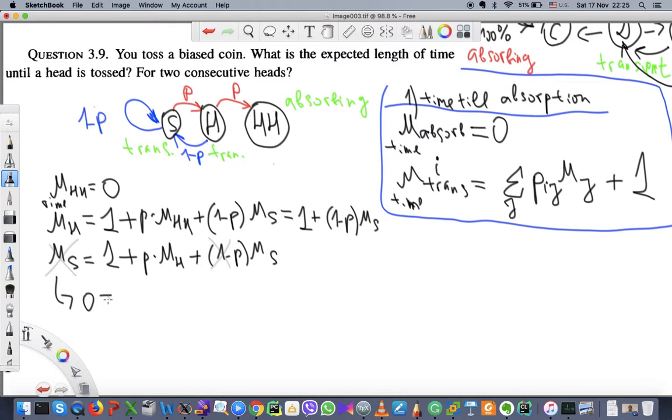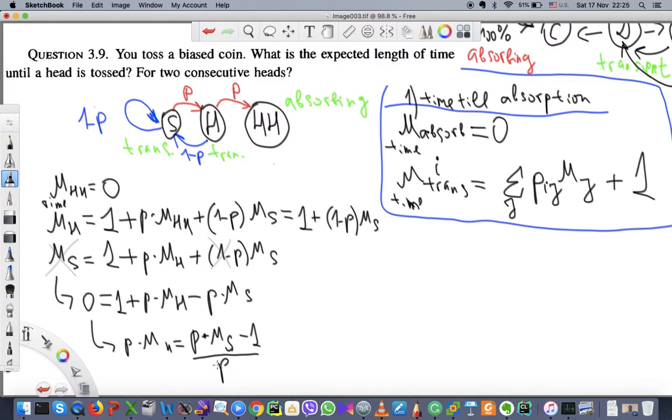We will get 0 equals 1 plus P times mu H minus P times mu S. From this, I would express what is P times mu H. It's simply, you place it back, P times mu S minus 1. And now we divide by P, and we are done. Mu H is P times mu S minus 1 over P.